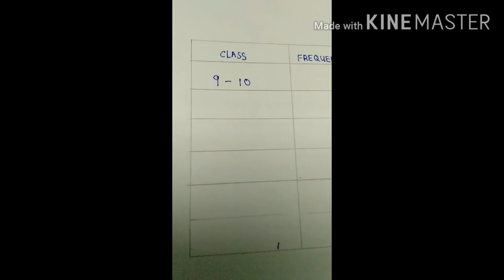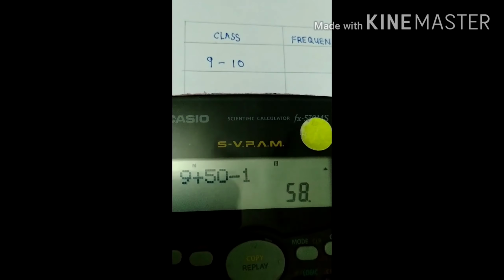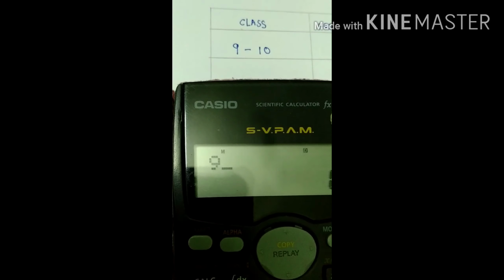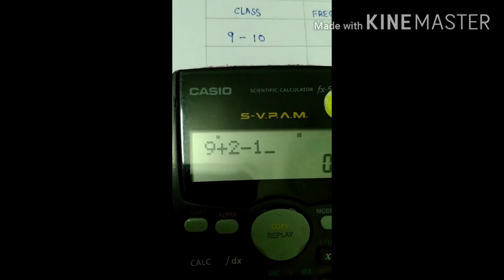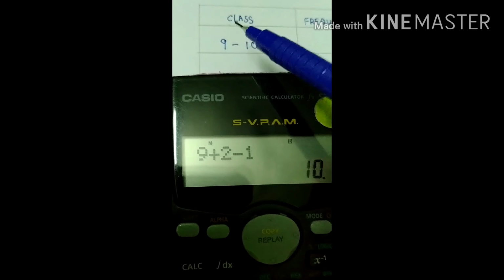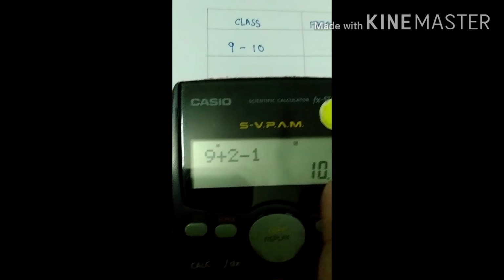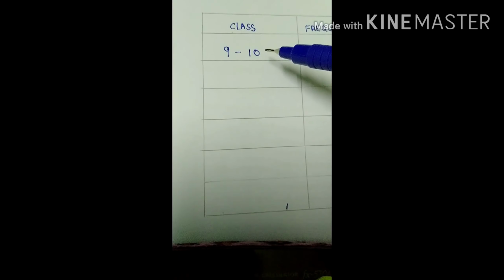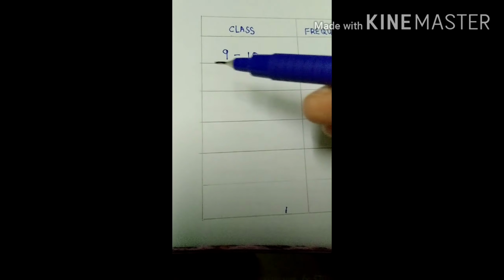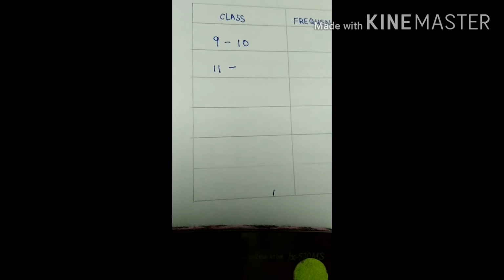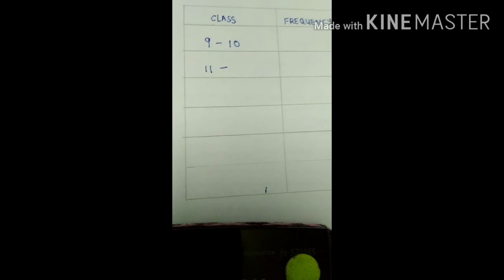Okay, so let's go back to our question. If we want to use the calculator, 9 plus our size of class 2, and then minus 1, so we get 9 until 10. For the next class, the upper value of the first class is 10, so the second class starts with 11 until, we can calculate manually, 11 and 12.